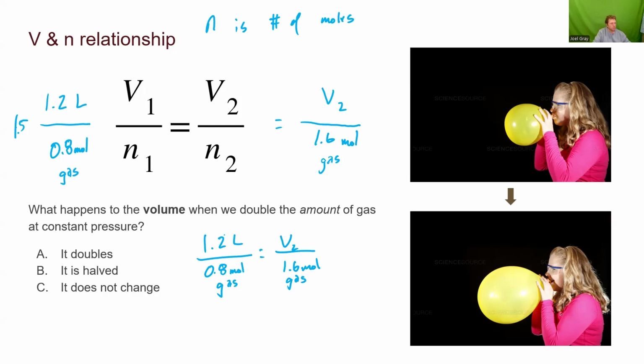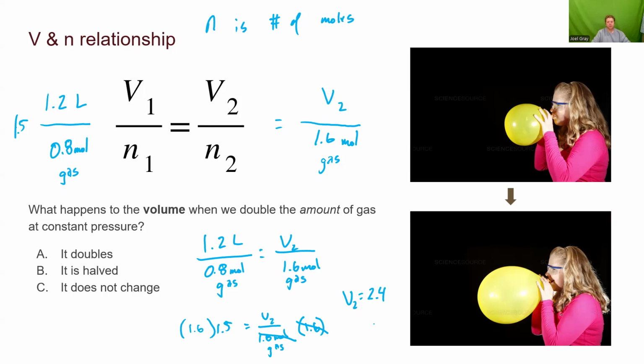So 1.2 divided by 0.8 is 1.5. That is equal to V2 over 1.6 moles of gas. Multiply each side by 1.6. Done, done. 1.6. And that gives us our V2, which is equal to 2.4. What are our units for this? Units for volume.